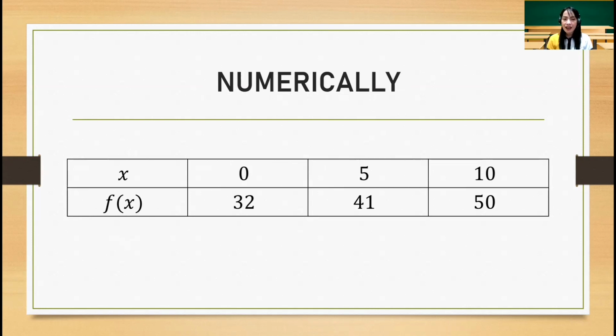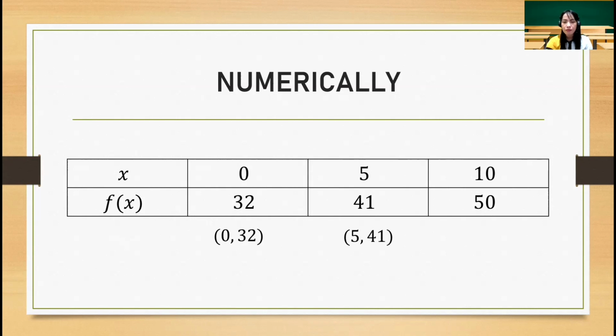When you have the values of x such as 0, 5, 10, by using the equation, you can get the values of f(x). When x is equal to 0, your f(x) is 32. We have an ordered pair, (0, 32). When your x is 5, you can get y given that equation.